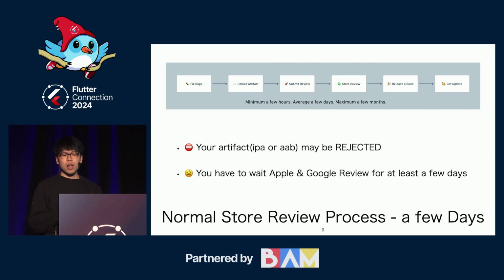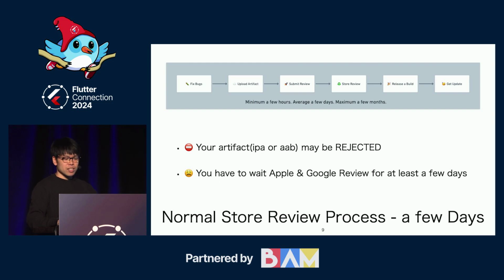If you are lucky or request an expedited review, the store approves your build in a few hours. However, in most cases, as you know, this will take a few days. And if you are so unlucky, you have to wait days, weeks, or even months. After the store approval, you can release the build to the store. Finally, the users get an update.